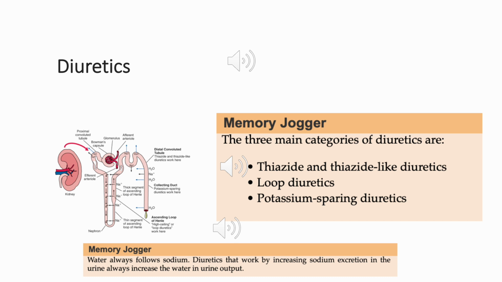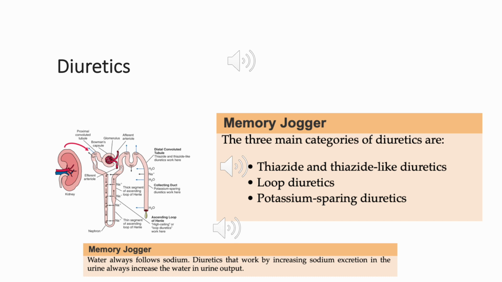Diuretics are usually classified into three groups: thiazides, chlorothiazide and hydrochlorothiazide, and thiazide-like diuretics such as metolazone, indapamide, and loop diuretics known as furosemide and bumetanide, and potassium-sparing diuretics such as amiloride, triamterene, and spironolactone.